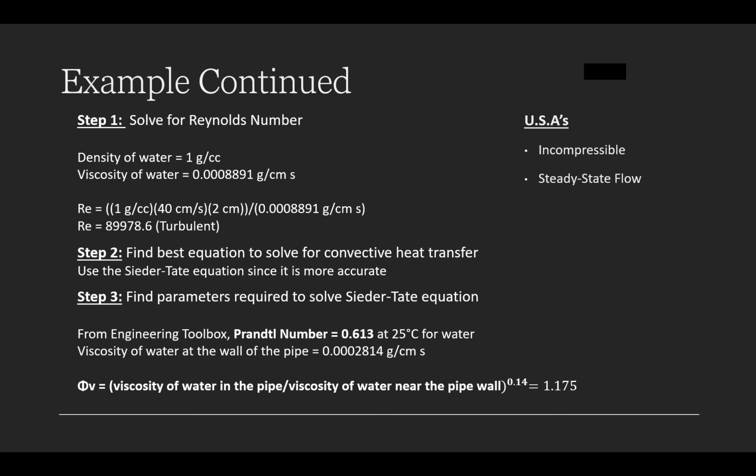Now, we need to solve for phi. To do this, you must divide the viscosity of water at 25 degrees Celsius by the viscosity of water near the pipe wall and then put this value to the power of 0.14.